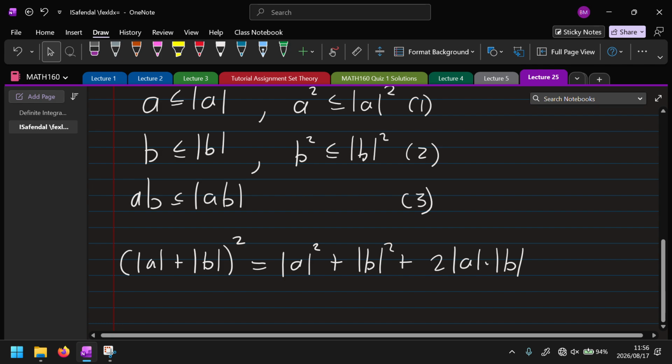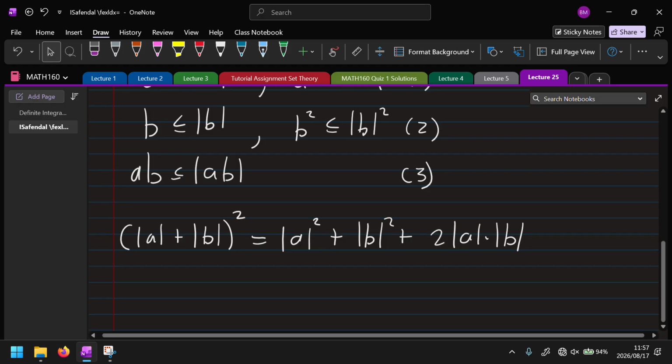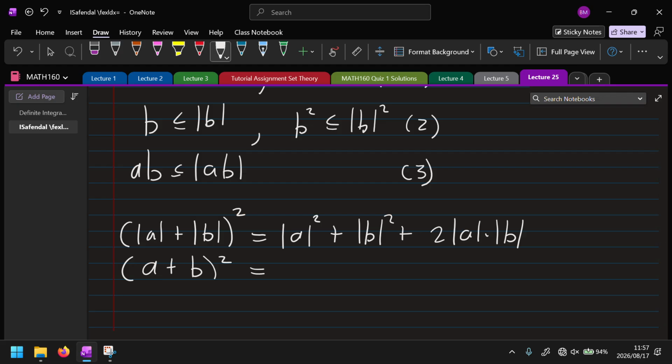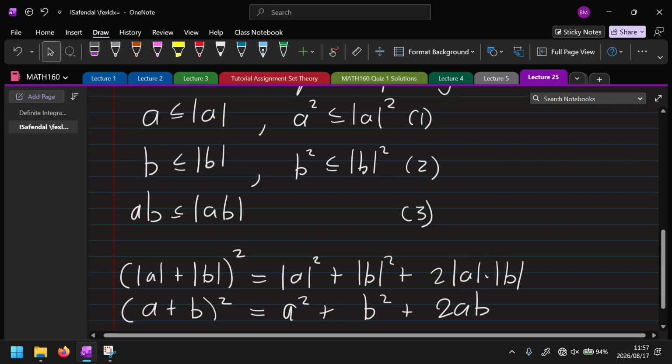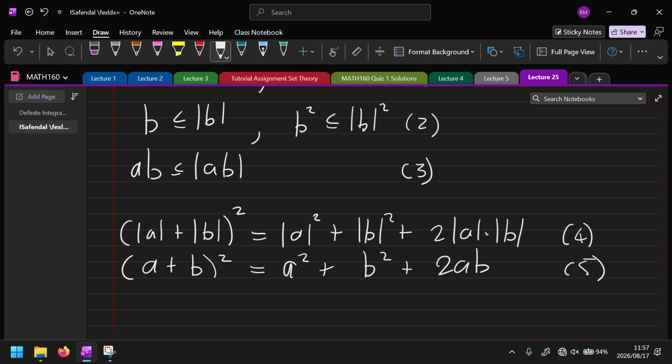Now we're going to do exactly the same thing, but without the absolute values, with just a and b. Same thing: the square of the first term, the square of the second term, and twice the product. Let's call these equations 4 and 5 to continue with the list.